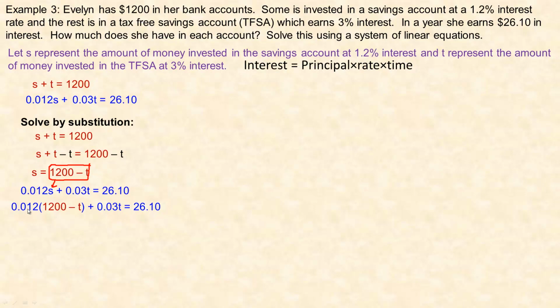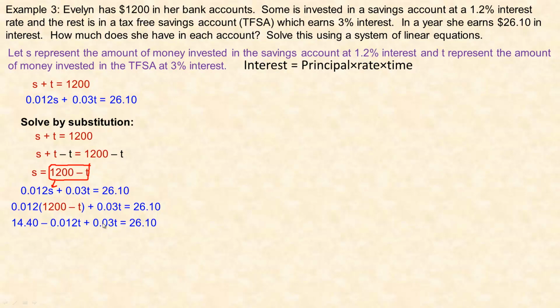And I have an equation with just T, so I want to isolate the T. First, I have to distribute this 0.012 into the brackets. So 0.012 times 1,200 is 14.4. 0.012 times negative T is negative 0.012T. Plus 0.03T equals 26.10.